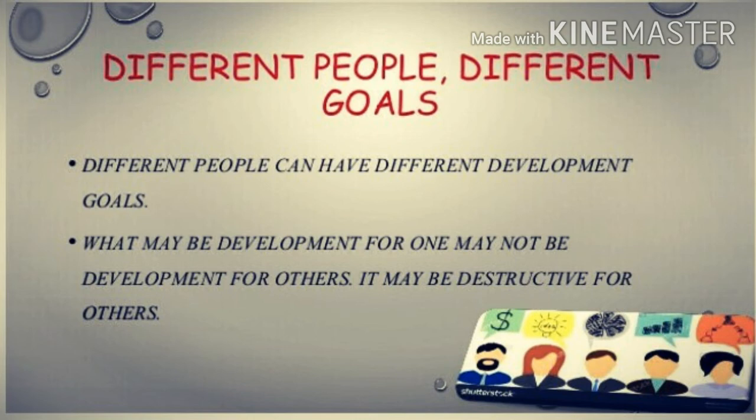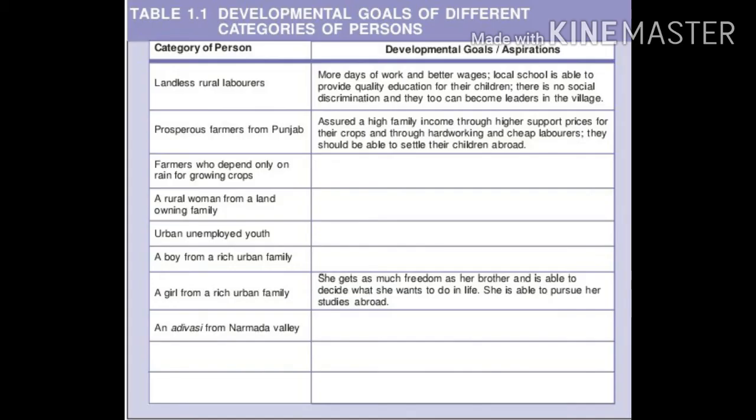And second, if one wants to develop, due to their development others may have their lives disrupted. As you can see, these are the development goals of different categories of people.